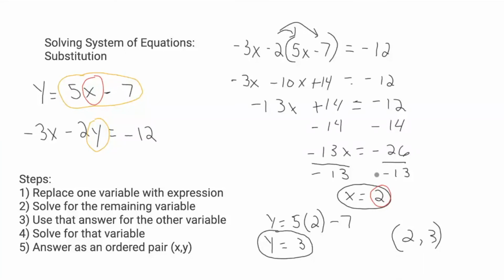That's what we did here. Then we took the information we got about x and did the same thing, substituting it into the x variable. By doing that, we're able to get y. When we get our y information, we now have both the x and the y, and we have an answer to our system of equations using the substitution method.